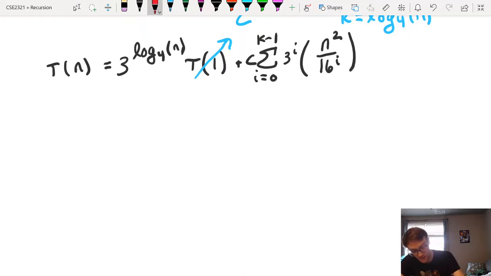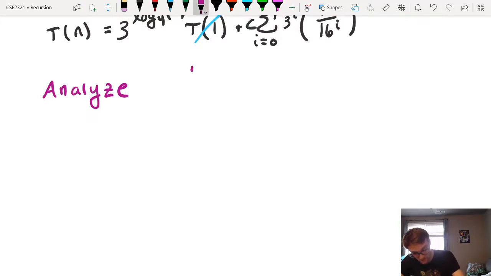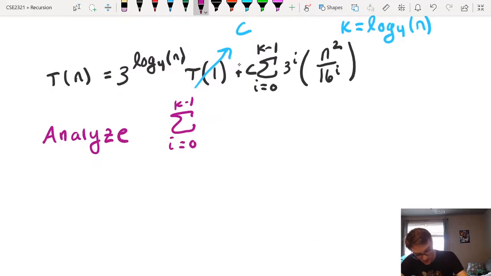We have to analyze the summation from i equals 0 to k minus 1. Let's even write it in a bit of a nicer way as n squared times 3 to the i over 16 to the i.